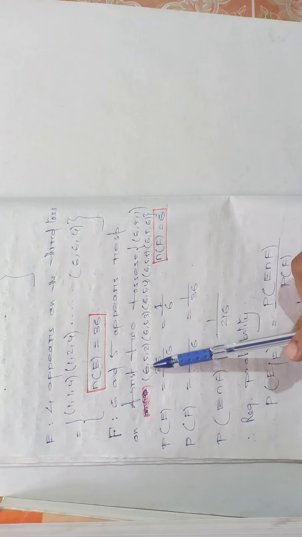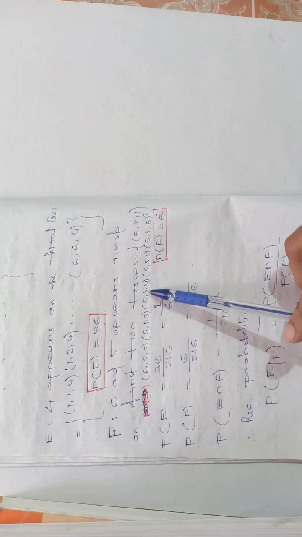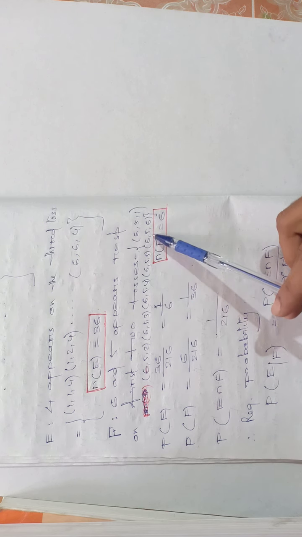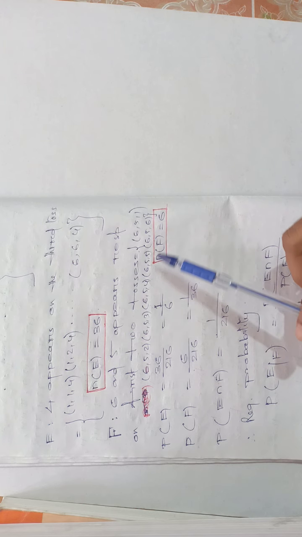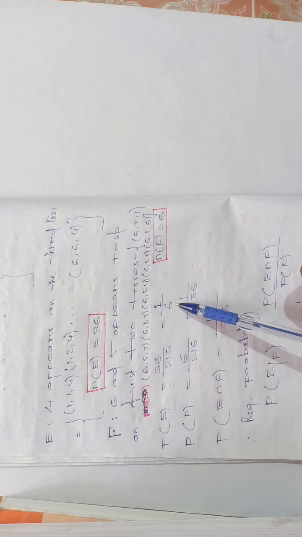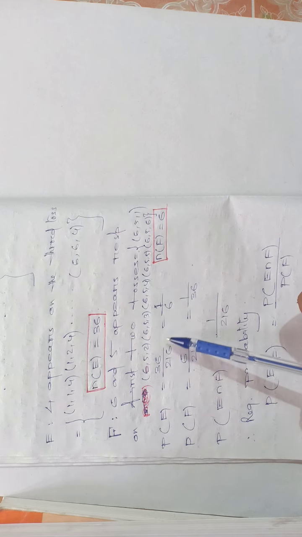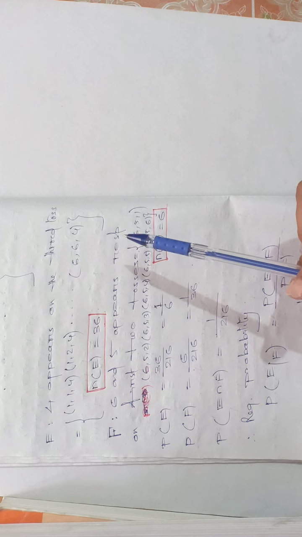So these are the elements 651, 652, 653, 654, 655, 656. So there are 6 elements in the set F. So NF is equal to 6. PE is 36 by 216; after cancellation we got 1 by 6, and PF is 6 by 216, which is 1 by 36.